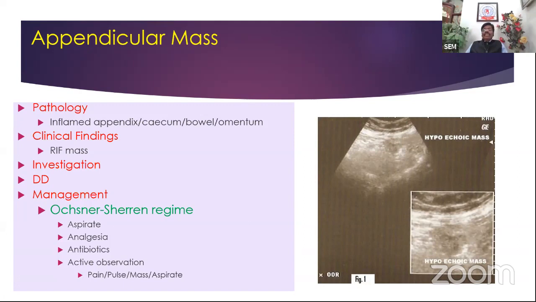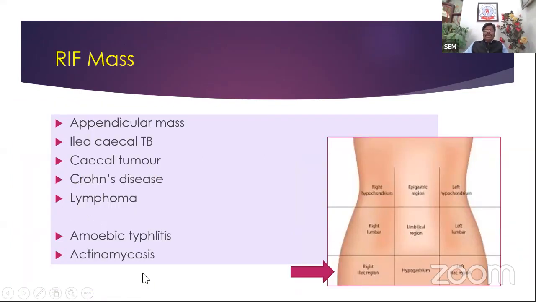So this is a very important differential diagnosis for right iliac fossa mass, where the 5 important causes, take it from me. Whenever you feel a mass in the right iliac fossa in a patient presenting with 2 or 3 weeks of abdominal pain, commonest is appendicular mass, ileocecal tuberculosis, cecal tumor, Crohn's disease, lymphoma, rarely amoebic typhlitis or actinomycosis.